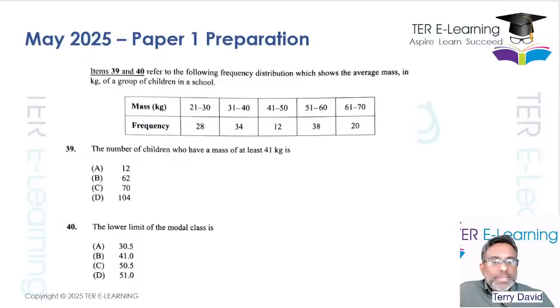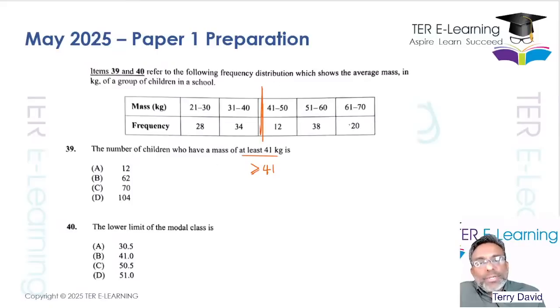I've seen a lot of people saying the answer is C, and some people saying B. So here's what's happening. This is grouped data. When they say at least 41, they mean 41 or more, so it's greater than or equal to 41. Let's put a marker here.